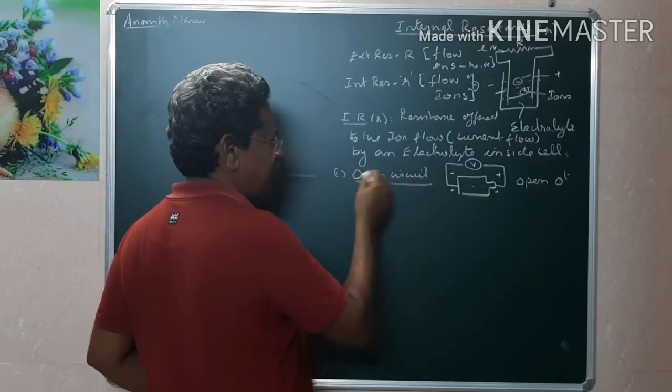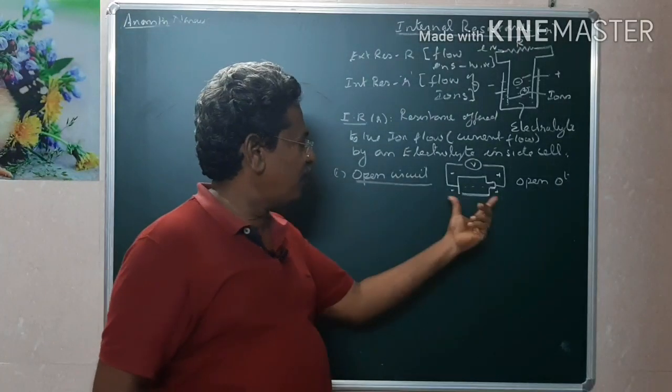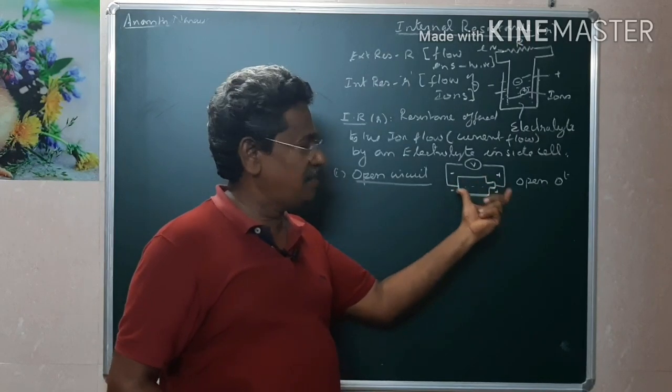Open circuit means the cell is not connected externally, but before buying, I want to check the potential difference between the two terminals of this cell, and this is called EMF.